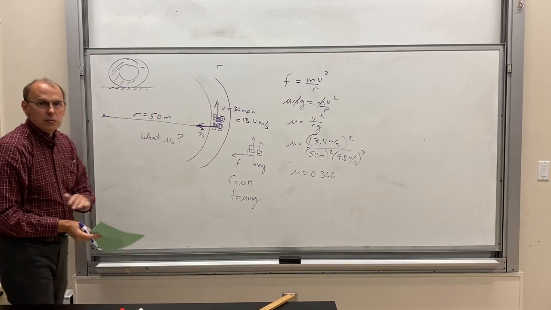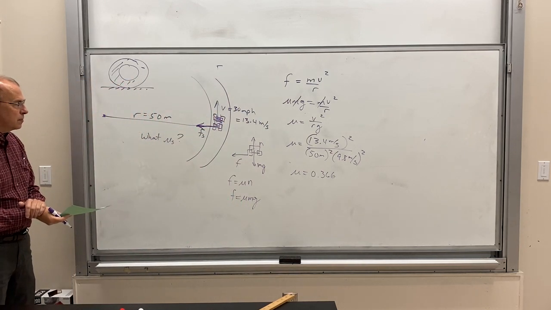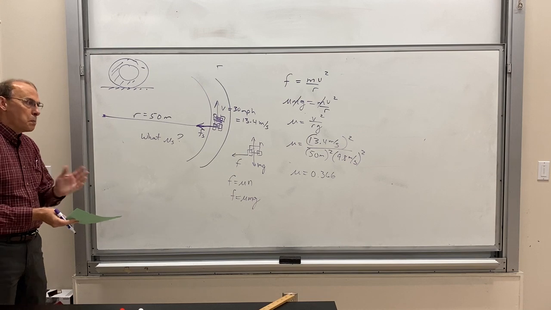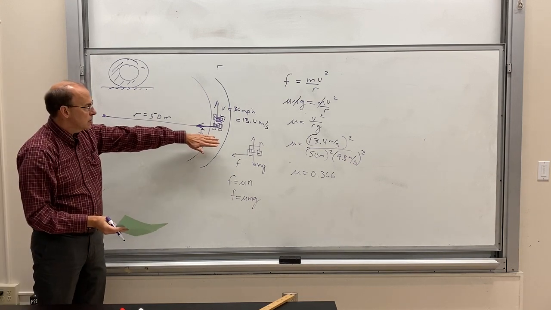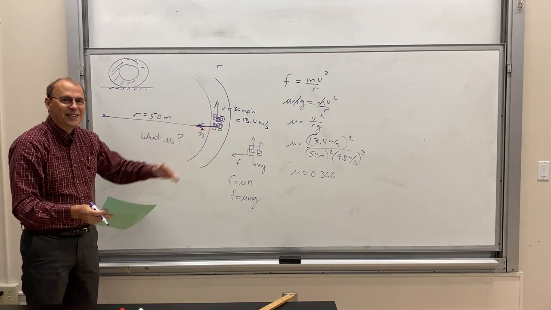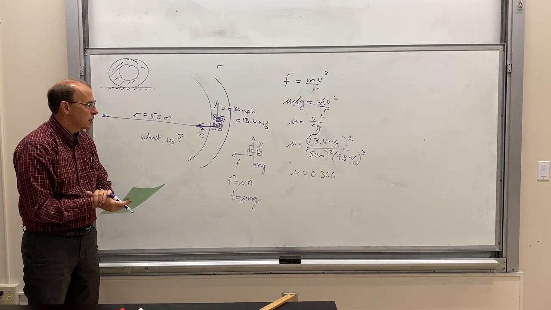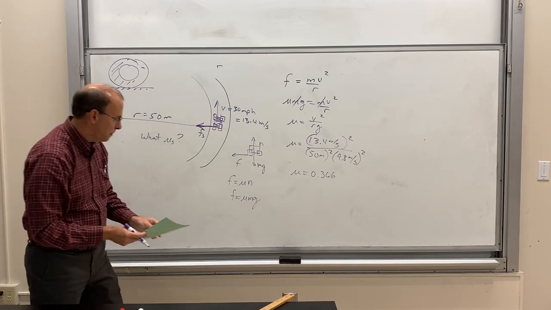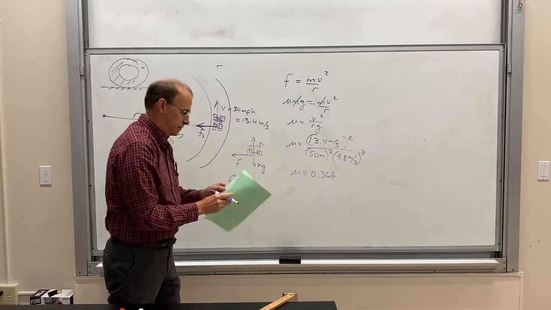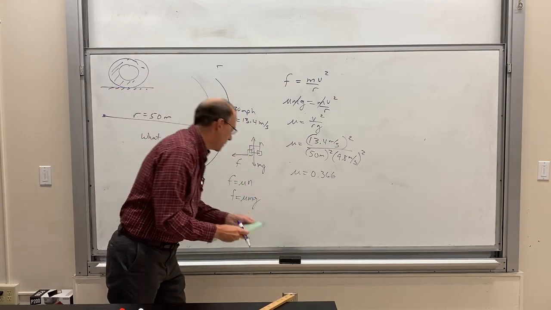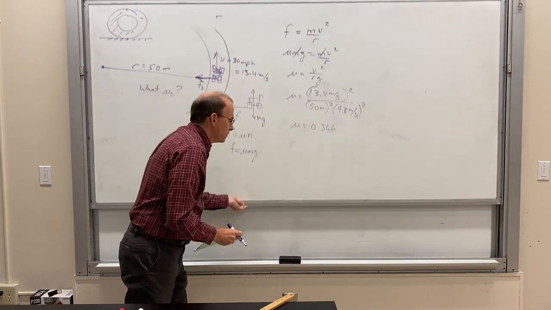But you know, if it's snowy or rainy, that may not be enough. So we make the roads not flat so that you can round the curve. So there's our first example. Let me do another one for you.